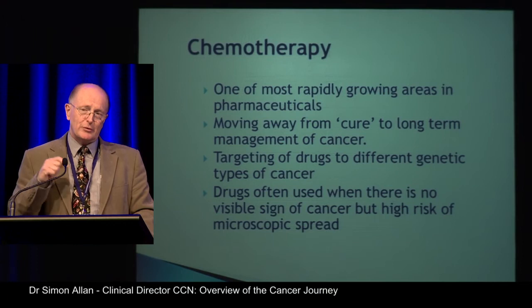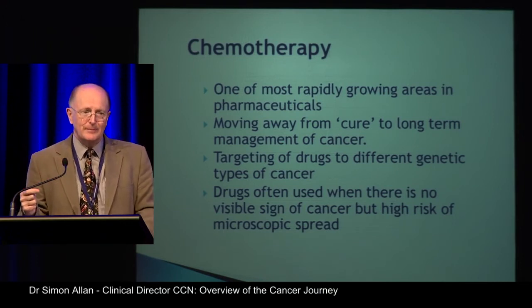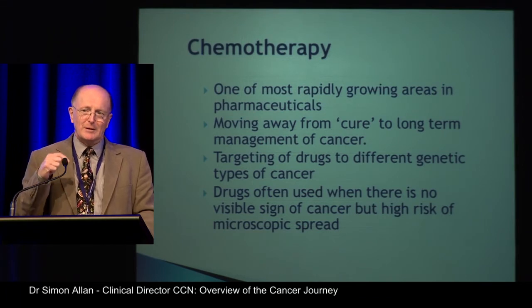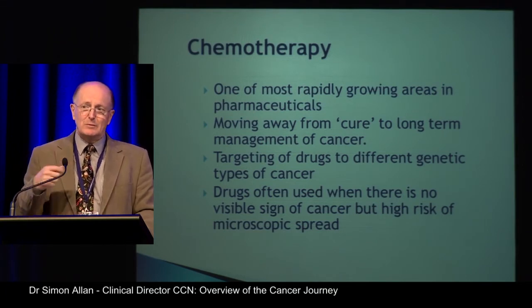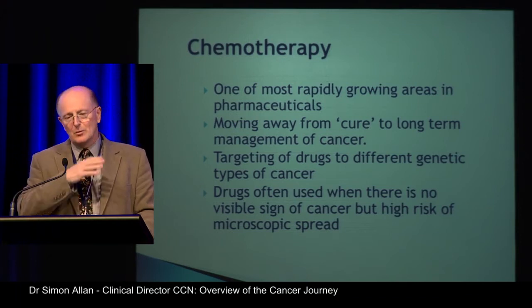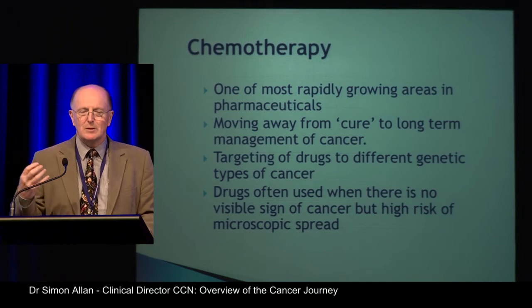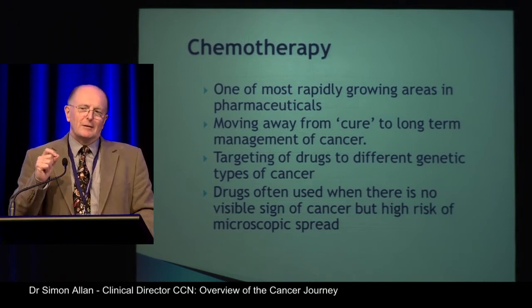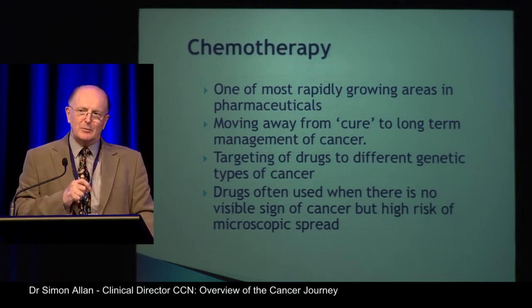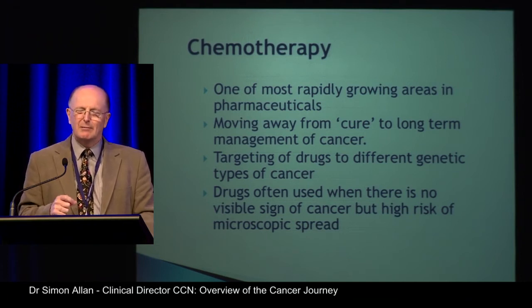Now, drugs can also be used when there is no visible sign of the cancer. So again, going back to that idea that cells are very small, can be spread in your body, chemotherapy can be given to mop up those cells that you feel there's a high chance that they might be in the system. The fewer cancer cells that are present, the more effective chemotherapy and radiation is.